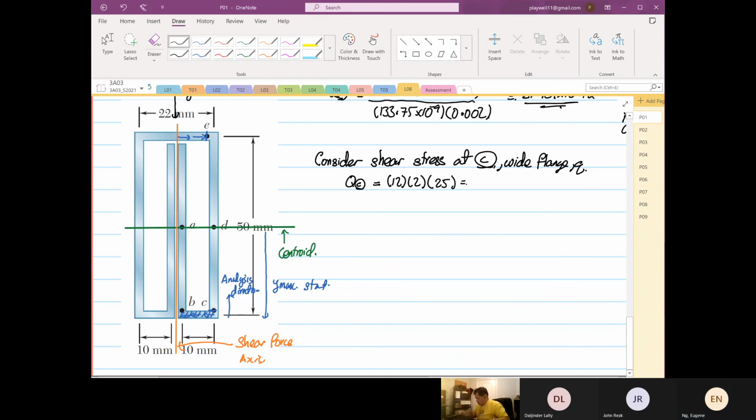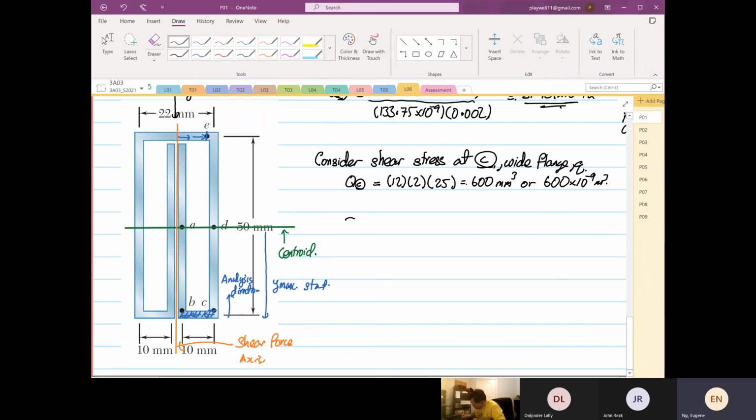So 12 times 2 times 25 is equal to 600 millimeter cube, or 600 times 10 to the power minus 9 meter cube.